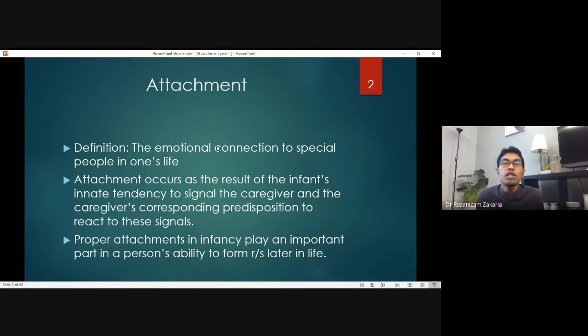So why do we bother about attachment? Because attachment is an important part of a person's ability to develop relationships in later life. Okay, I recently tweeted something along this line.